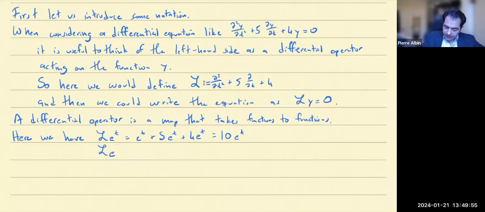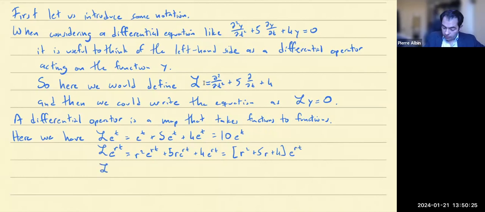We saw last time, one way of getting the characteristic polynomial or of motivating it is to notice that if you plug in e to the rt, then you would just get r squared e to the rt plus 5r e to the rt plus 4 e to the rt. And so you could factor out a polynomial, namely the characteristic polynomial, times an exponential e to the rt.